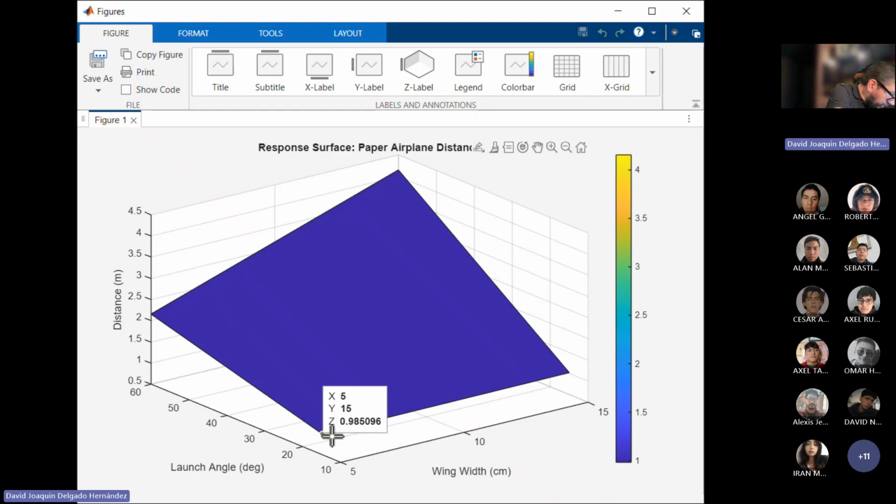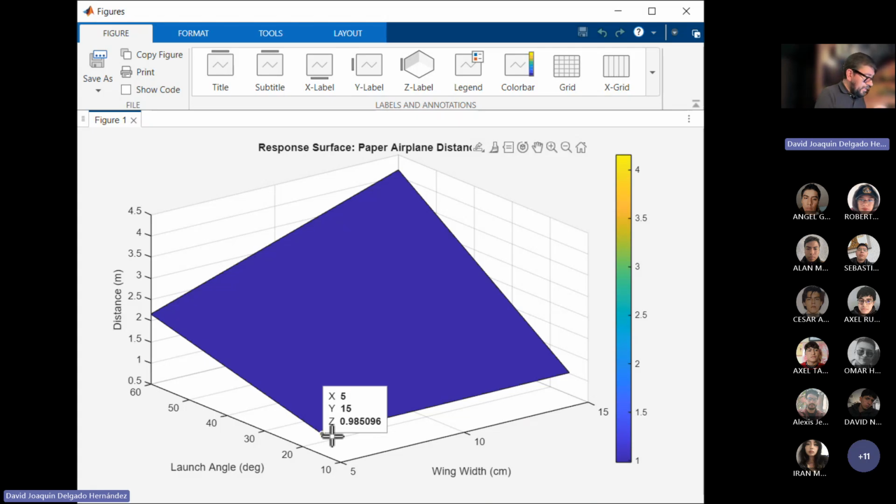So look, with 5 in the wing width and 15 in the launch angle, you can only fly 0.98 meters. So it is 98 centimeters, okay? You can see it here in this white box.